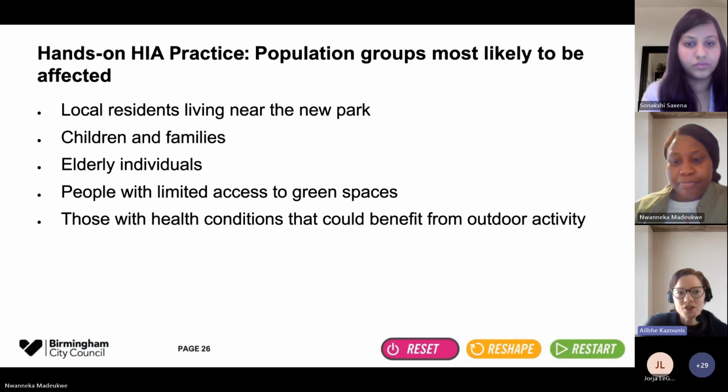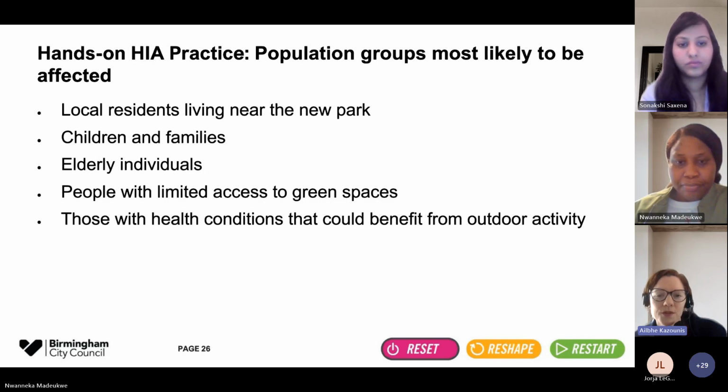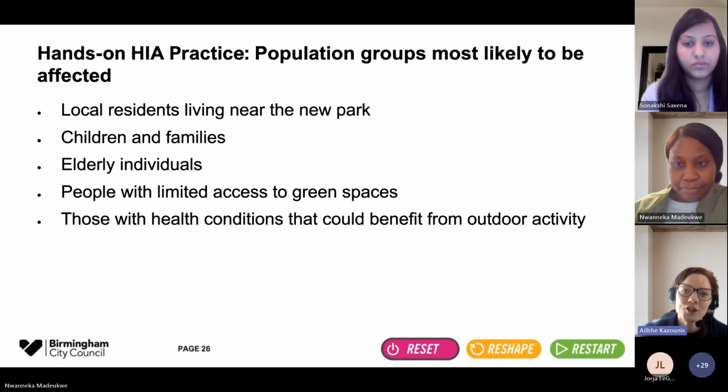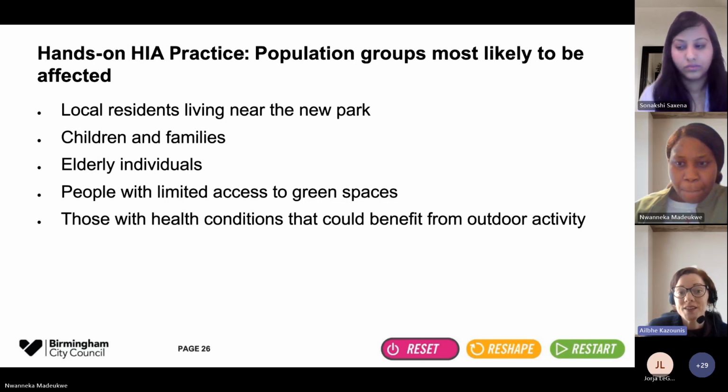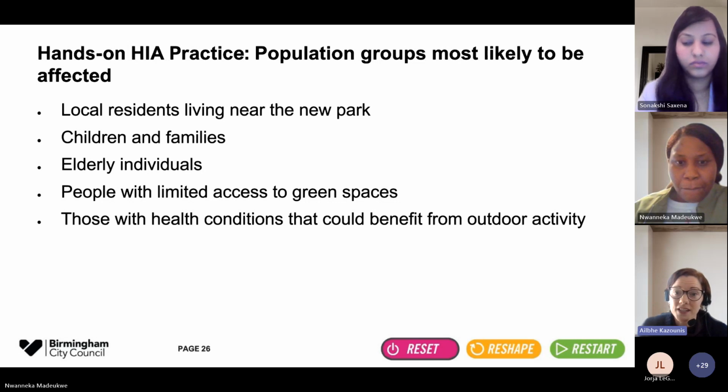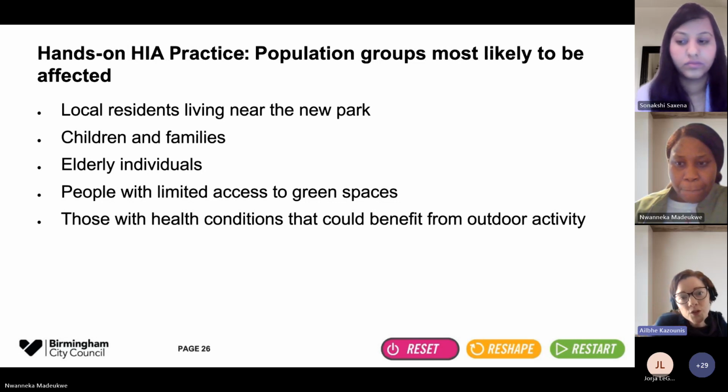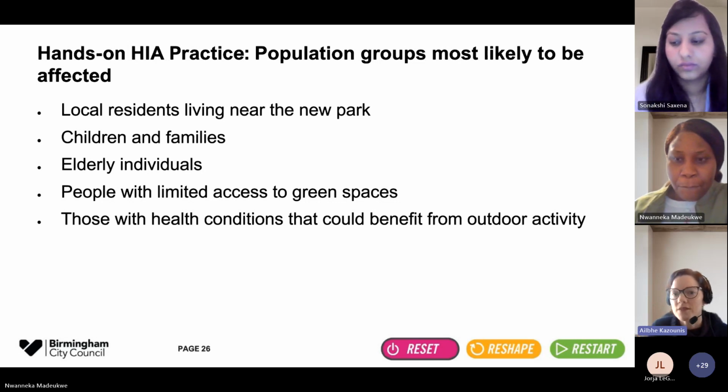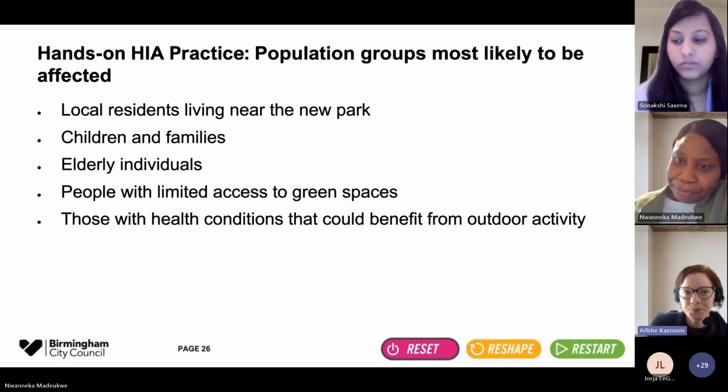Yeah, local residents, children and families, elderly, people with limited access to green space, actually, which is a really important one from a public health perspective, because we know there's a huge evidence base now providing the evidence for why it's important to have access to green space and the negative impacts if you don't. Those with health conditions that could benefit from outdoor activity.